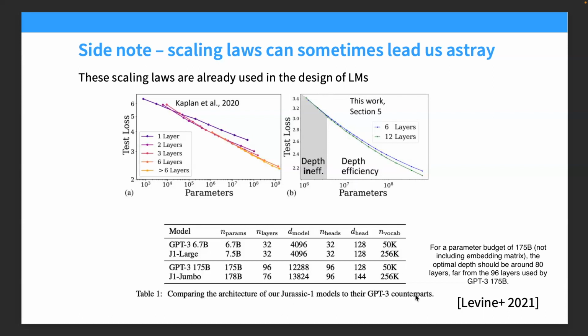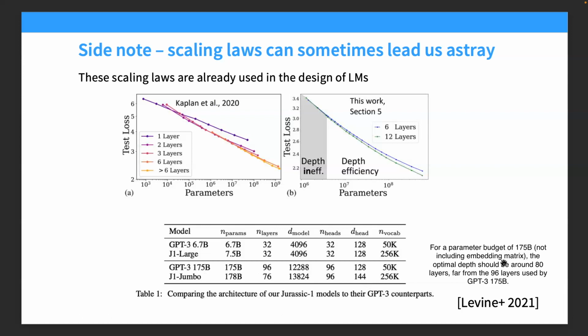When people observed this, there was a very interesting paper, the Jurassic 1 model. They take the GPT-3 model, with its corresponding model sizes, like 6 billion or 175 billion.